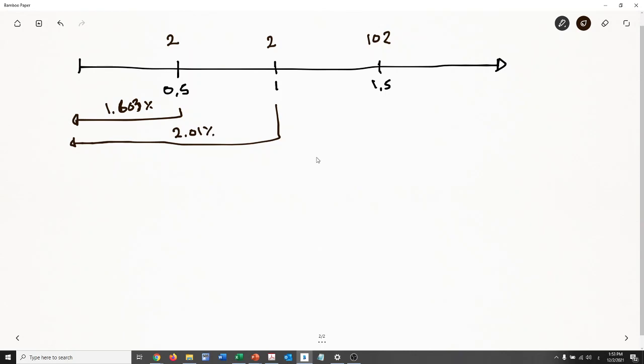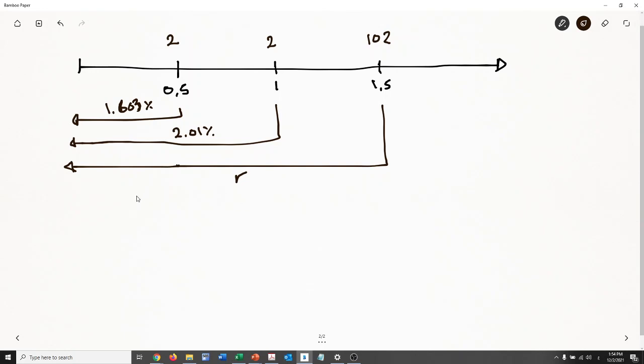Now, what we are left with, we need to discount the 102 using the zero rate that has a maturity of 1.5 years. And do we know this rate? The answer is no. We are trying to find this rate. What other piece of information will help us to find this rate?